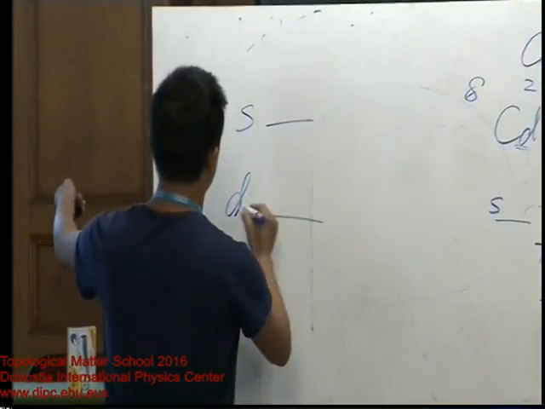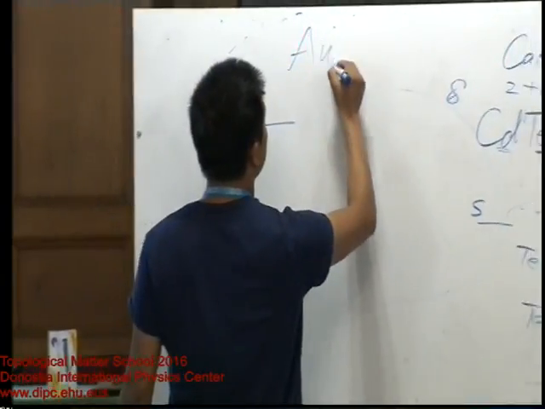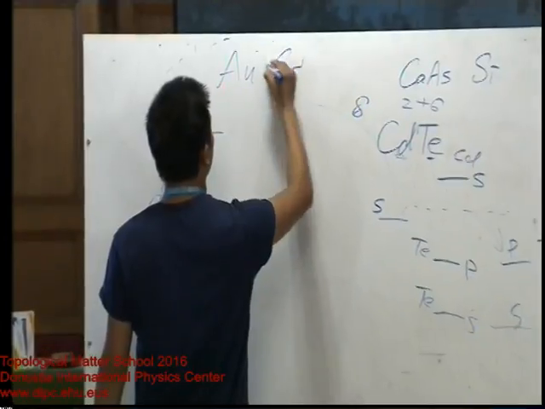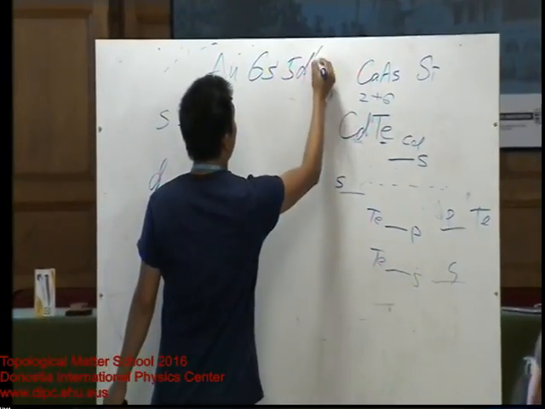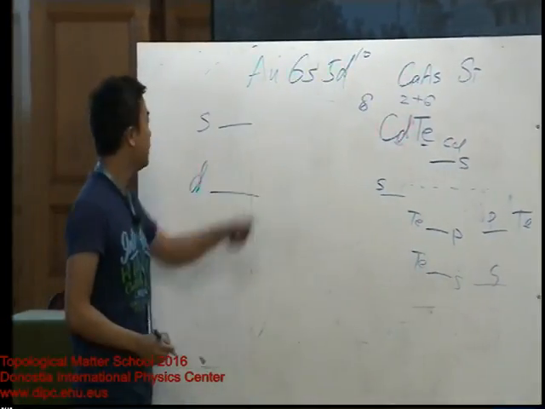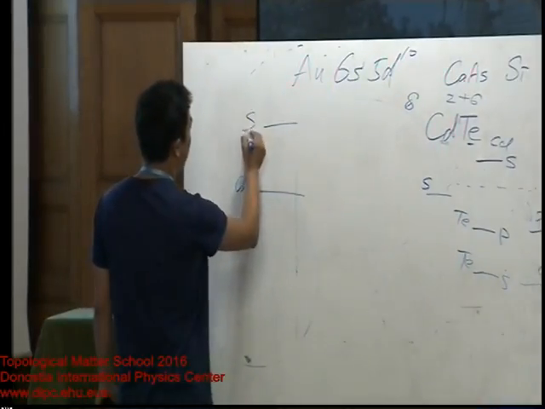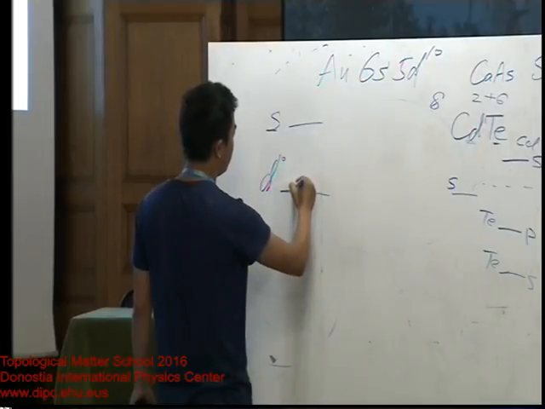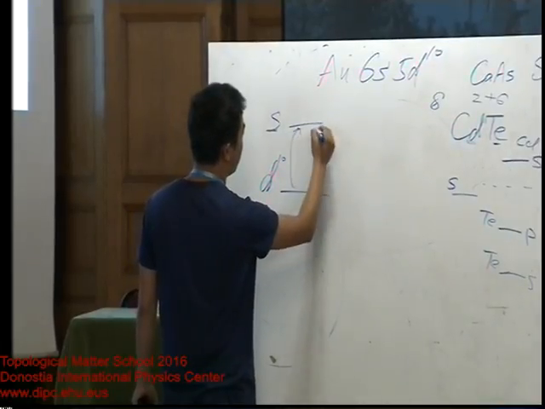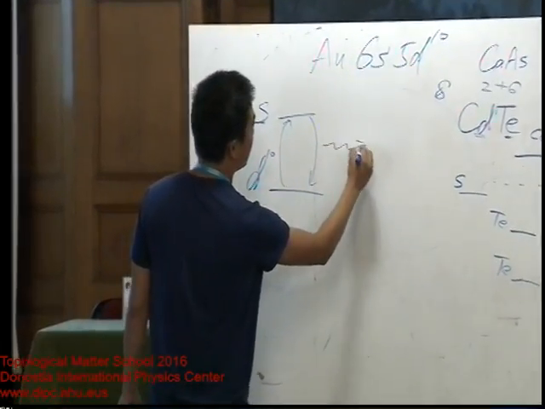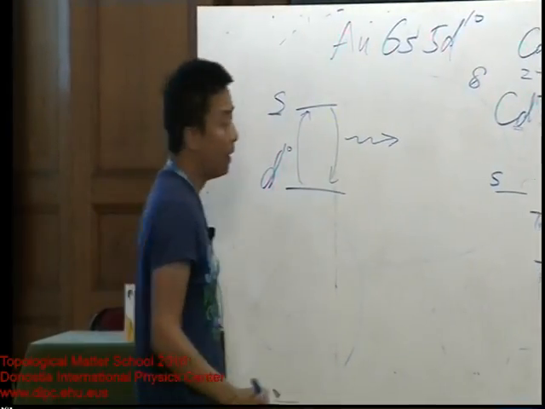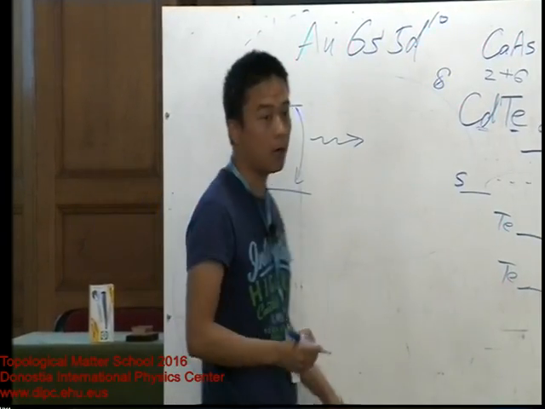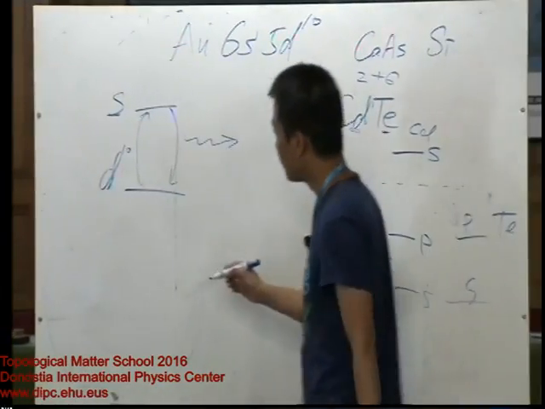Gold has 10 d electrons, and the s has only one, s is half filled. If it absorbs light first in this way, then hops and emits some light. And this emission gives you the color, what you will see.